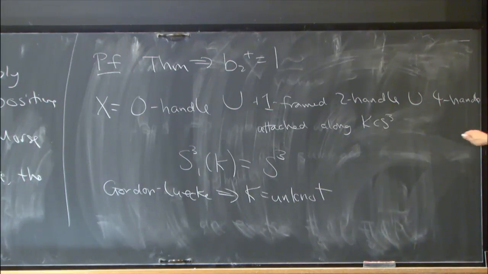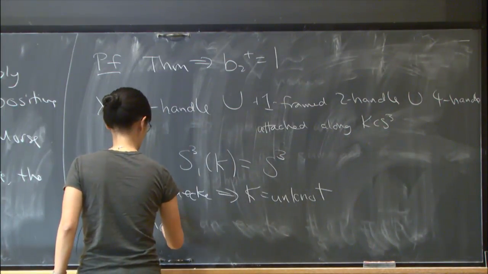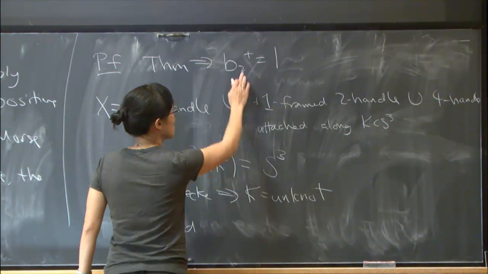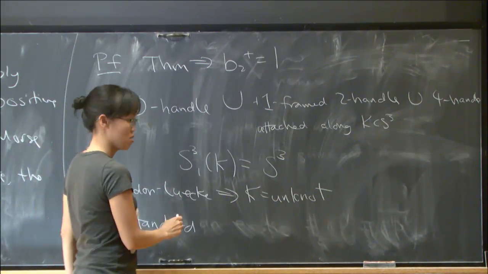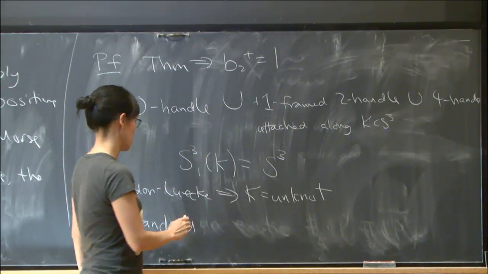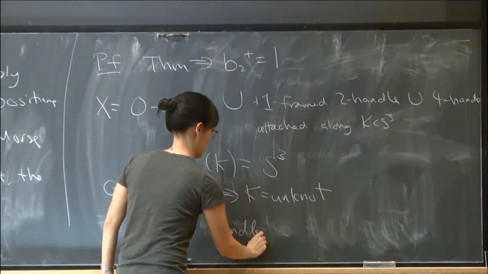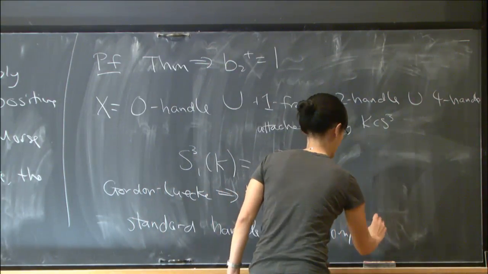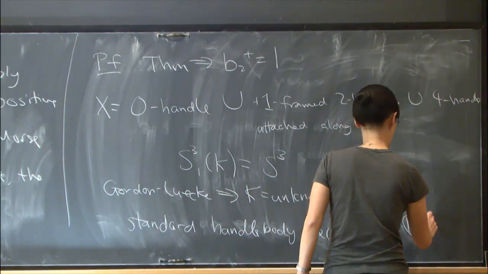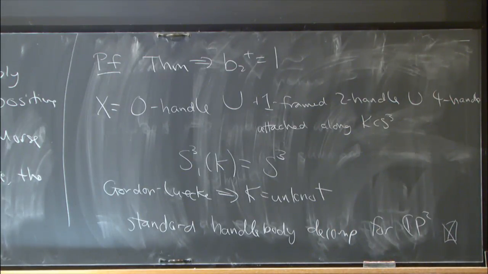So this is just the standard handle-body decomposition for CP2. Oh, B2 plus is 1, the intersection form. Yeah. And that concludes the proof of the corollary.